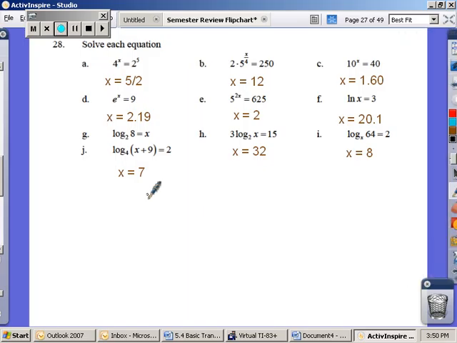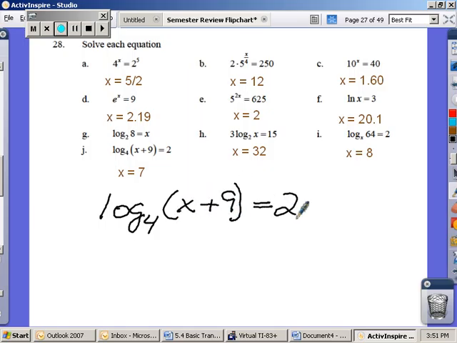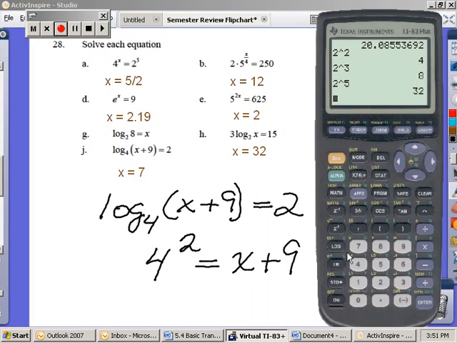Next one. Log base 4 of x plus 9 equals 2. What is my base? 4. What is my exponent? 2. What is my argument? x plus 9. What is 4 squared? 4 caret 2.